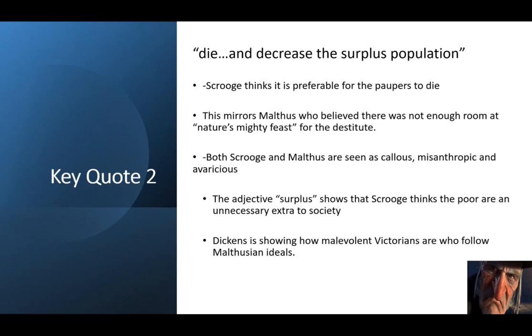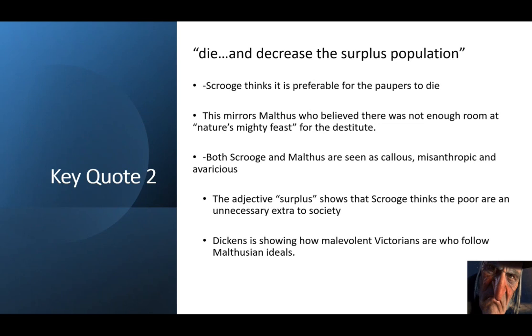The adjective surplus shows that Scrooge thinks the poor are an unnecessary extra to society. It's a bit like if you gave a smaller bit of change back to somebody and you're just like, oh, keep the surplus. It's because you find it unnecessary. It means that it's an unnecessary extra.